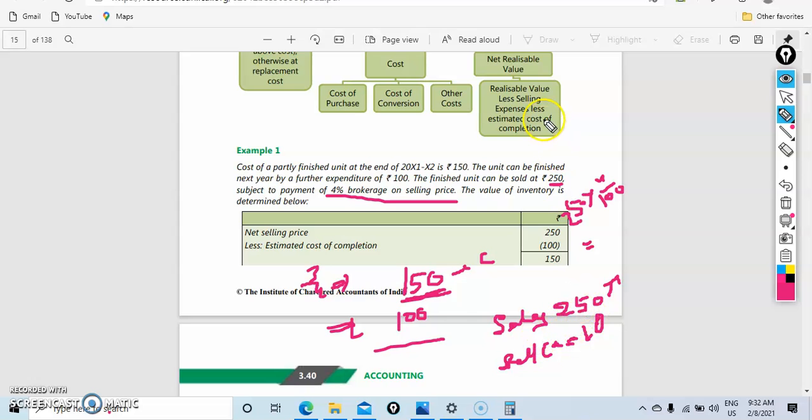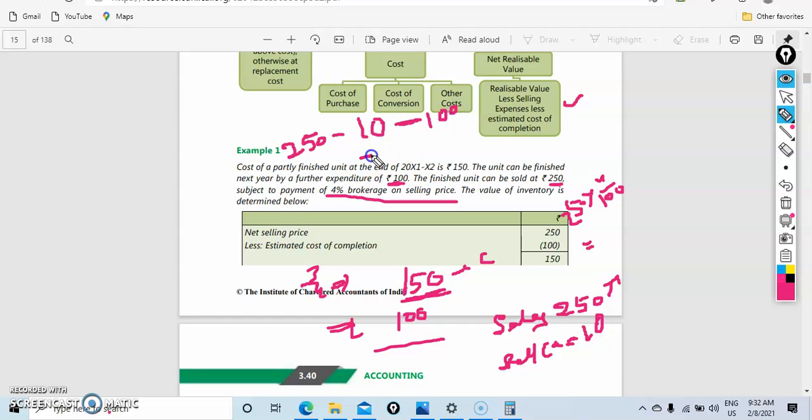For that, we have to use this formula. What is this formula telling? First, sales value, minus selling expenses, minus the expected cost to complete the finished good. How much further do we have to incur? We have to incur 100 rupees.